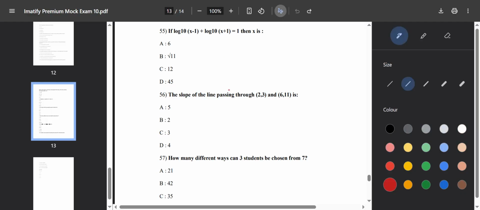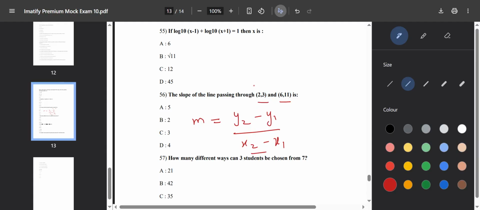First of all, we need to know the slope formula. It says m is equal to y2 minus y1 divided by x2 minus x1. This is the formula to find the slope of a line.